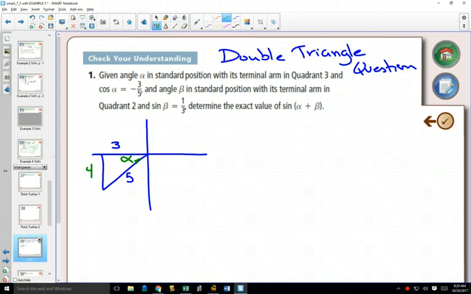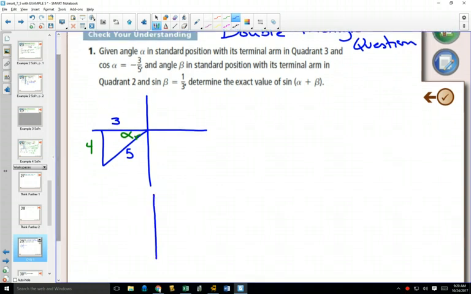Do we also have enough information for our second triangle? In what quadrant is beta? Okay, and again, this one is really direct in telling you. So we can draw an angle in quadrant 2. We can label our reference angle. And just like every triangle question we've done so far, when you draw your angle, when you make your triangle, it's always back to your nearest x-axis because that's where your reference angle is.